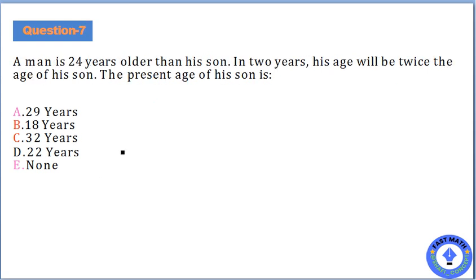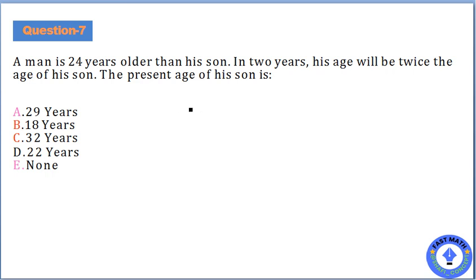Coming to the final question, a man is 24 years older than his son. For example, if his son is 10 years, the father will be 34 years. You have to add 24 to the man's age. In 2 years, his age will be twice the age of his son.